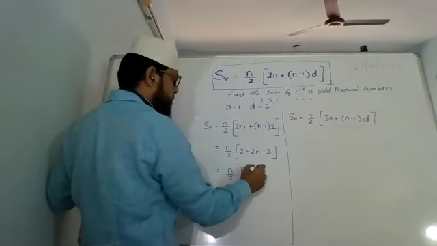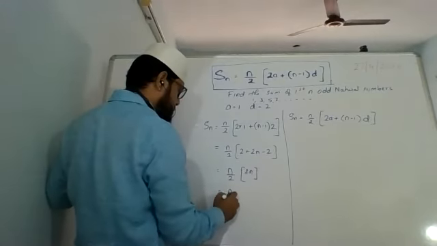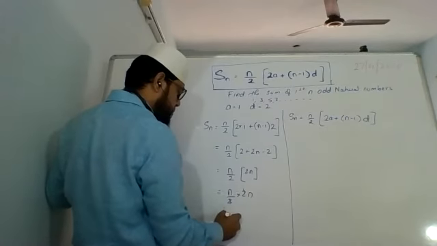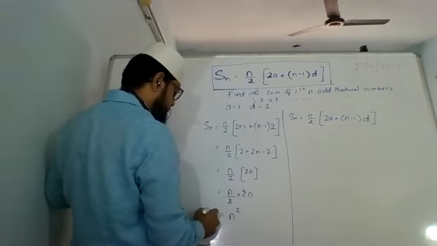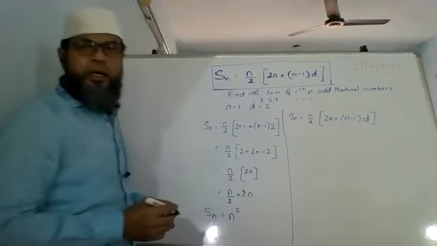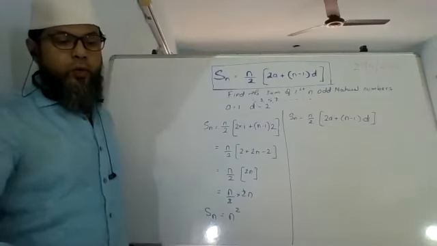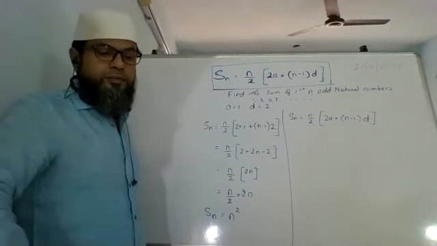This will be n upon 2 into 2n, so Sn equals n square.